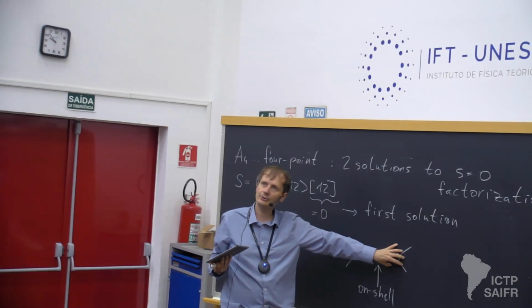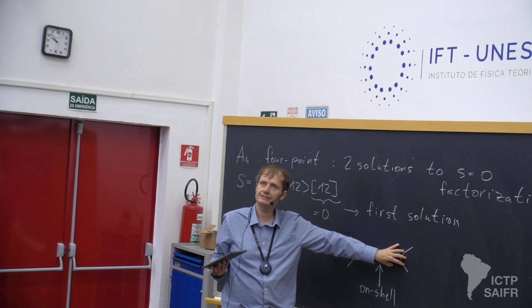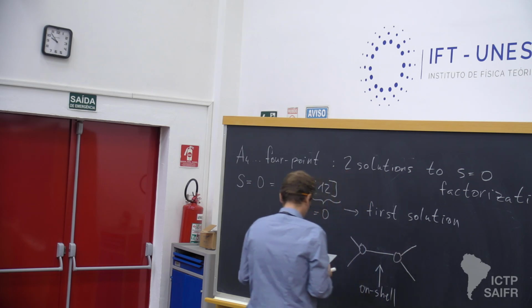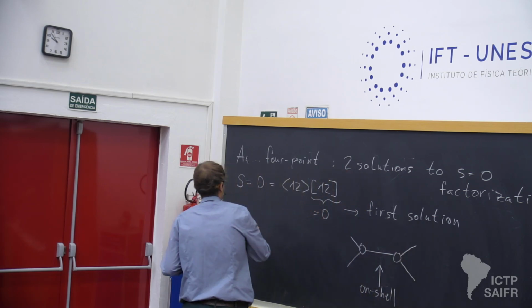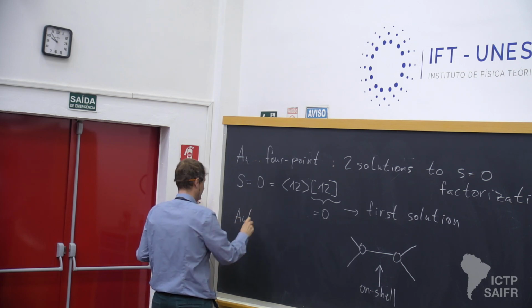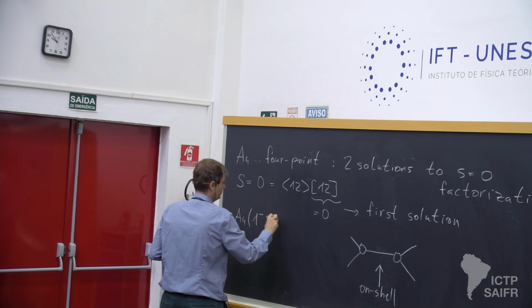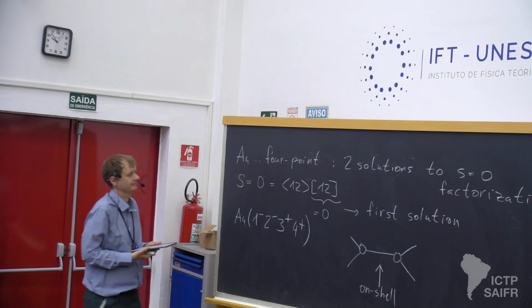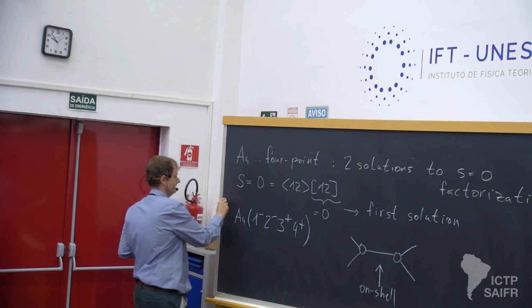And we already know a lot about 3-point amplitudes. They are just completely fixed. They are independent of the theory, just from the spins. Okay? So let me assign some helicities to these particles. Let's say we have 1 minus, 2 minus, 3 plus, 4 plus. This is just an example.